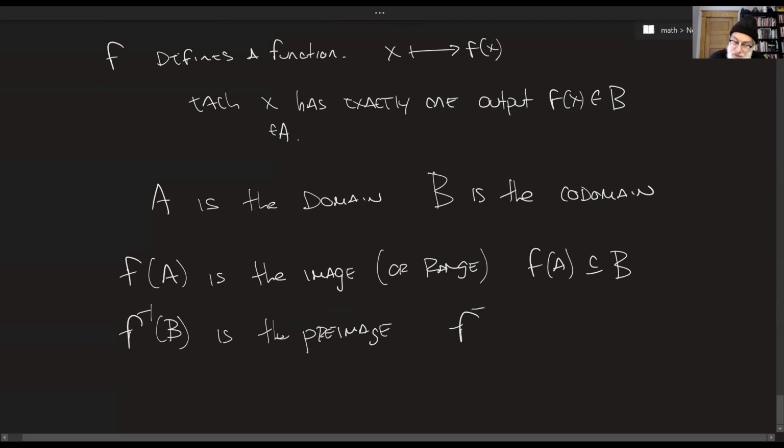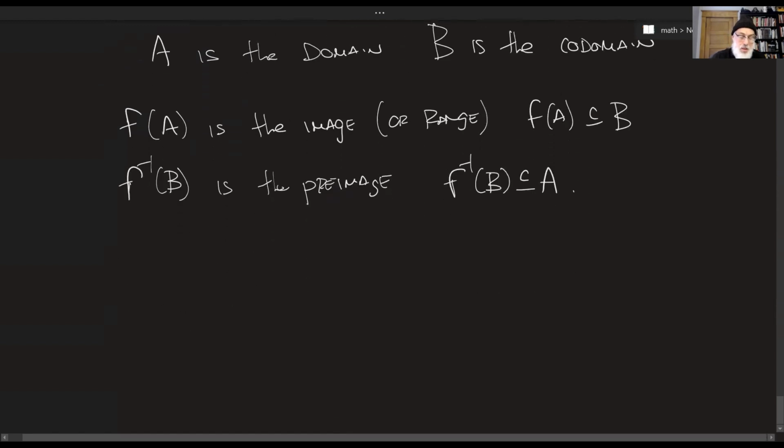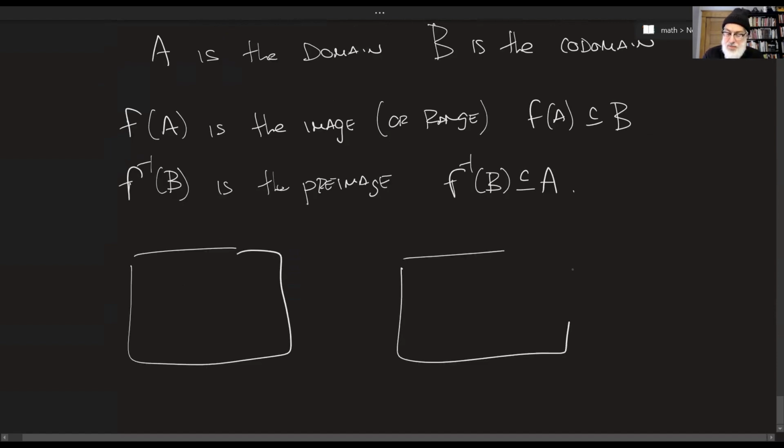I'm just going to call it the preimage. The preimage of B is a subset of A. All right, before we get into too much of the definitions, let's write out maybe a little diagram of how this is functioning. No pun intended.